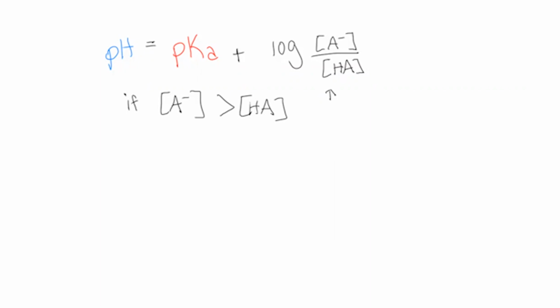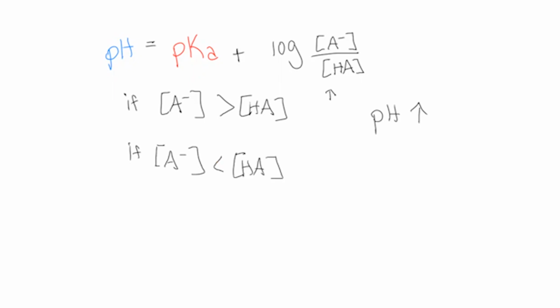And so this is going to mean that your pH is going to increase. So if you add a base, your pH increases, which makes sense because a higher pH, we call that more basic, more alkaline.